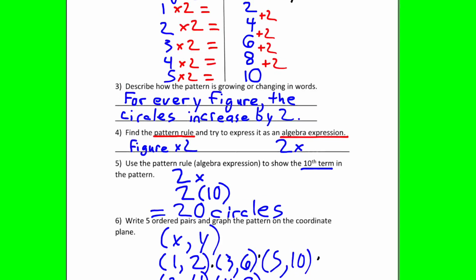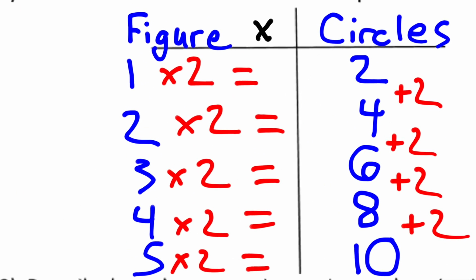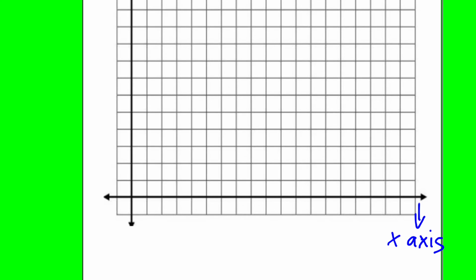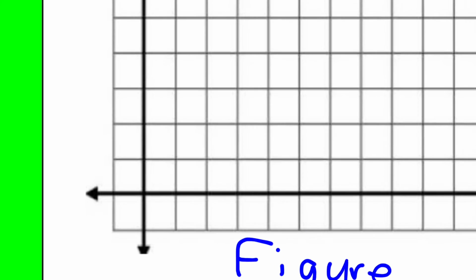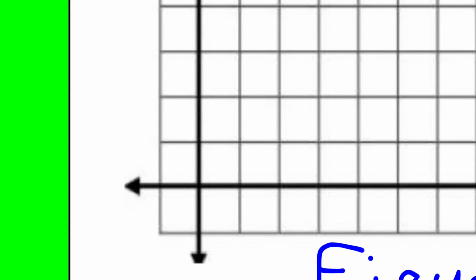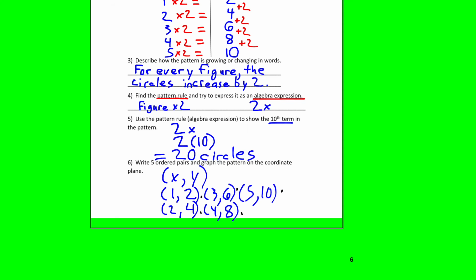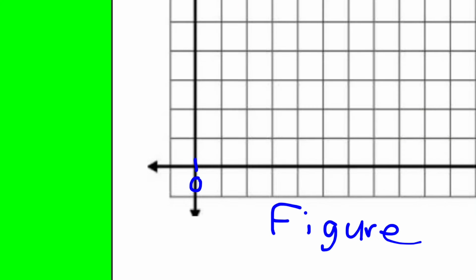Remember, our x-axis is called figure. And our x-axis is going up by 1s. Where the x and y axis meet, that's 0. You can see in our points that the x's are going up by 1s, so that's a really easy axis to label.